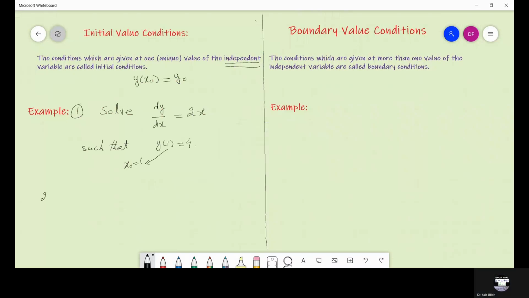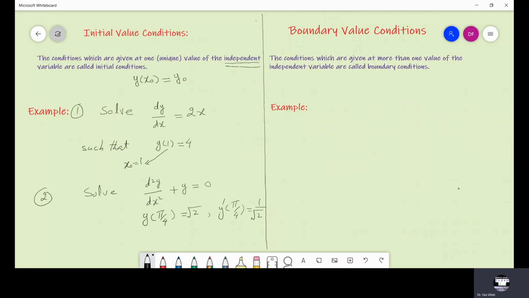Let us see another example. In this example, we have a problem. Solve d square y over dx square plus y is equal to 0, subject to the conditions y of pi by 4 is equal to under root 2 and y dash of pi by 4 is equal to 1 over under root 2.